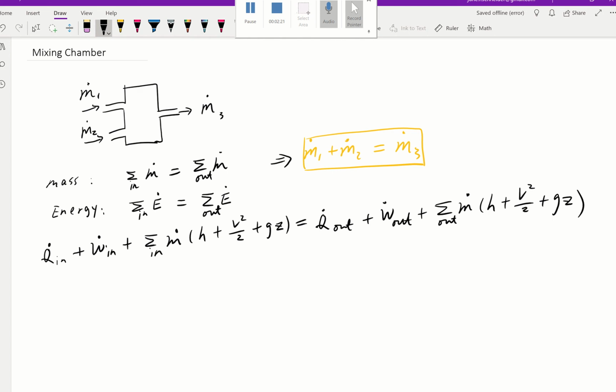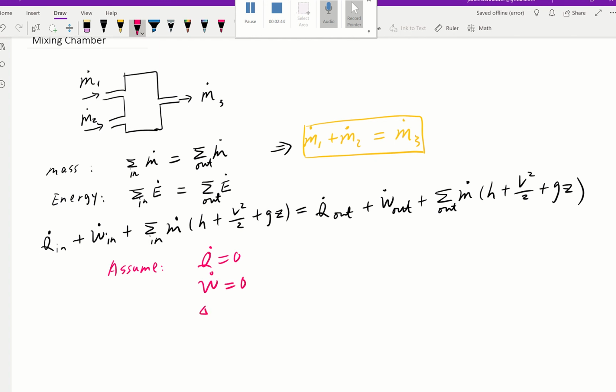Then, in order to be specific for this particular two-inlet, one-outlet chamber, we're going to make some assumptions. We assume there's no heat transfer, no work transfer in or out, no kinetic energy change, and neither does potential energy change.